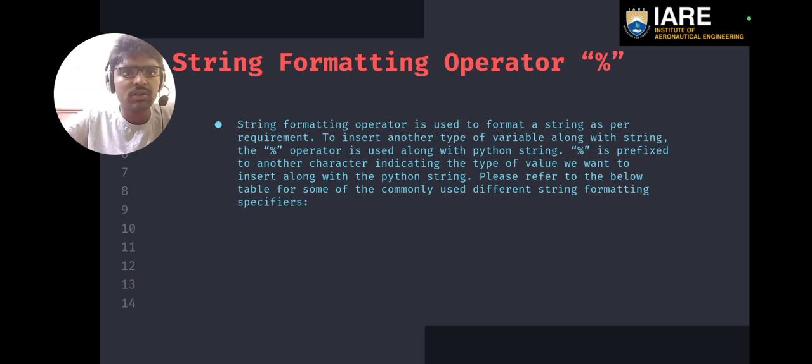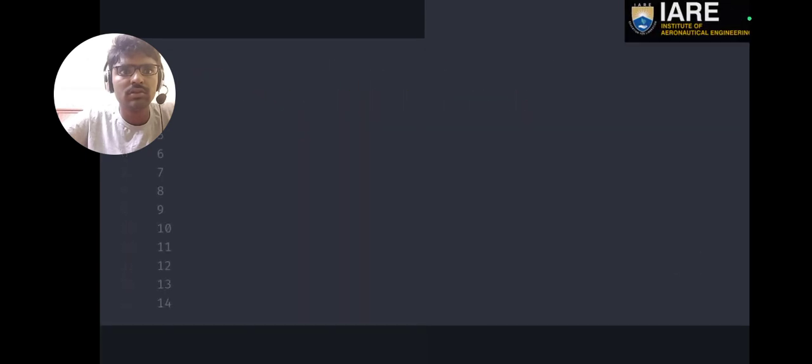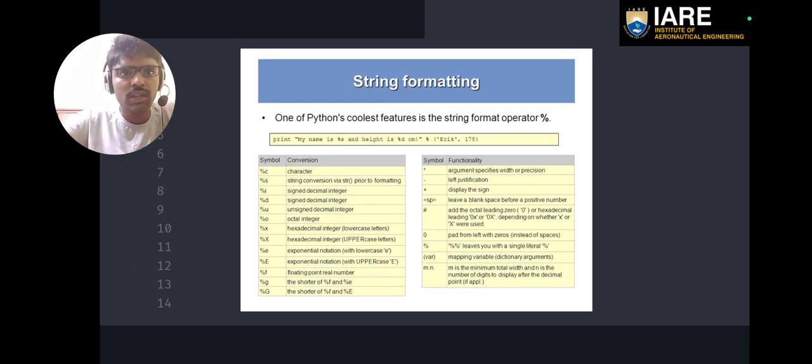Please refer to the below for some commonly used string formatting specifiers. So here are string formats which are frequently used. Some of them are %c for character, %s for string conversion, and etc.